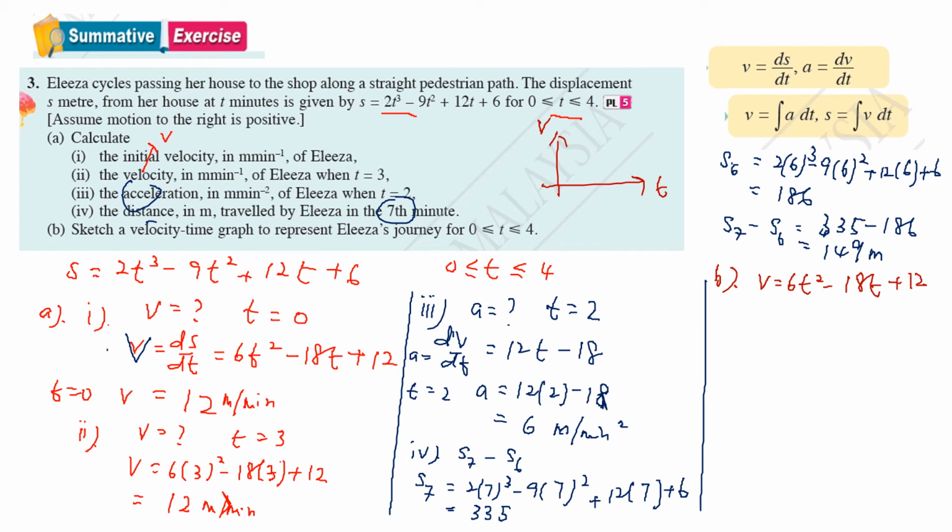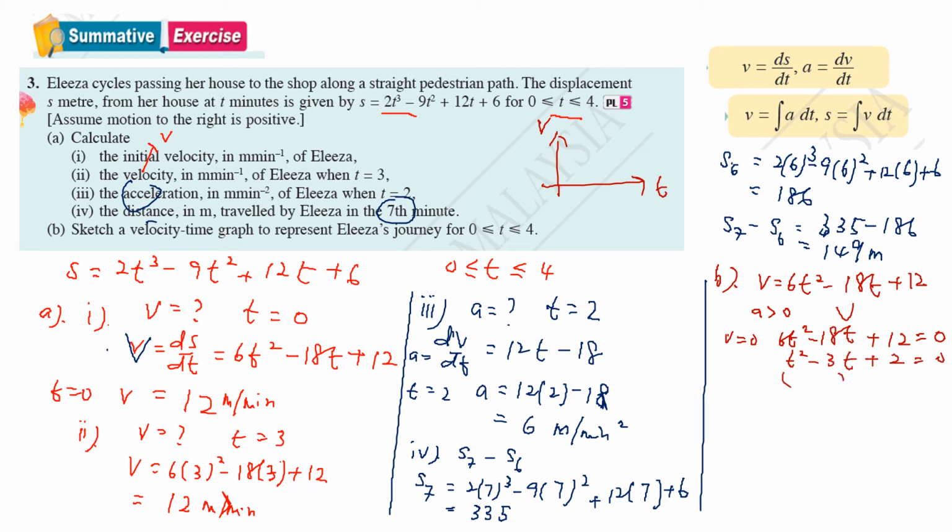Looking at this quadratic function, a is positive, so we know it is a minimum parabola. Then we need to find the roots, which is when v is 0. So 6t squared minus 18t plus 12 equals 0, and before factorizing we divide by 6.